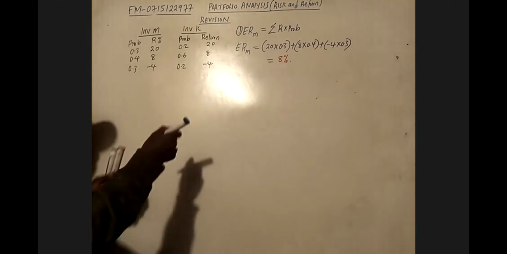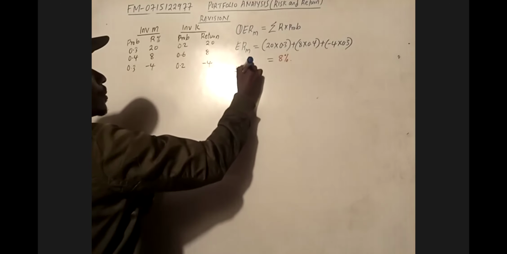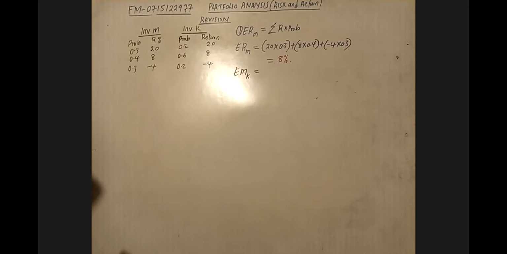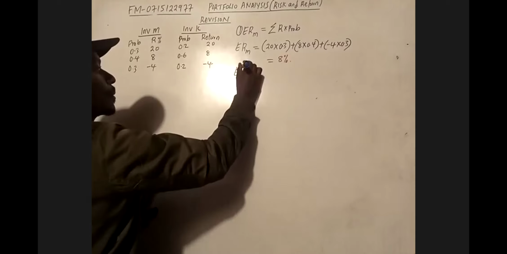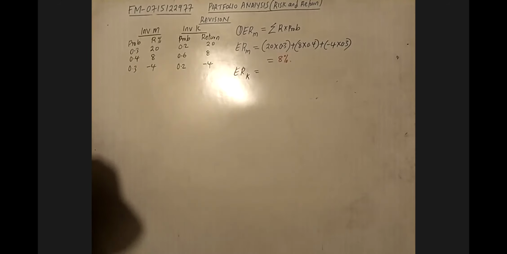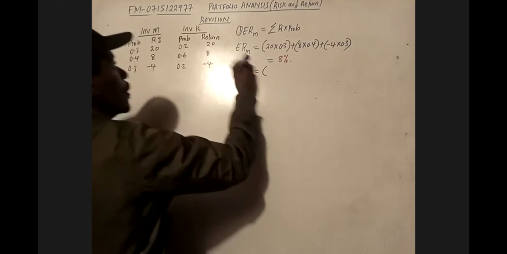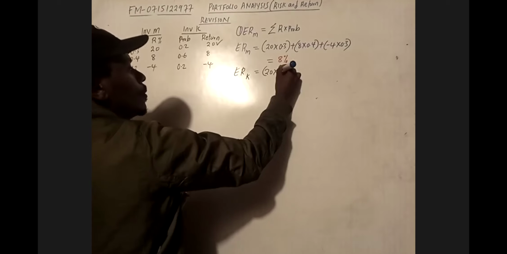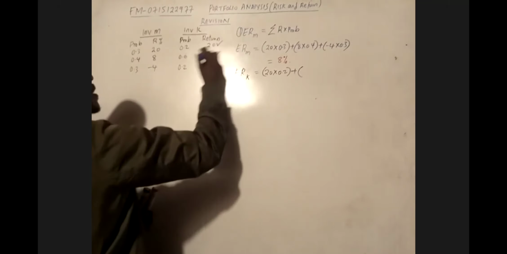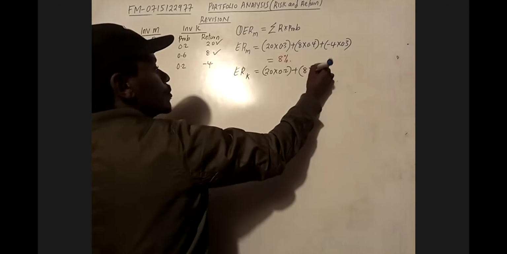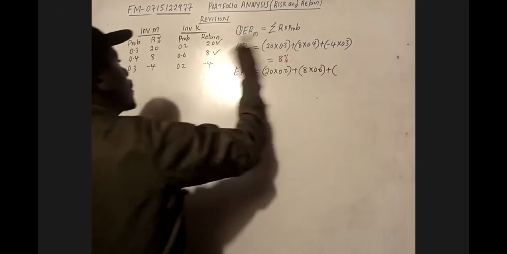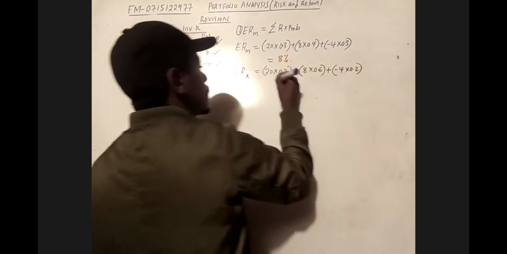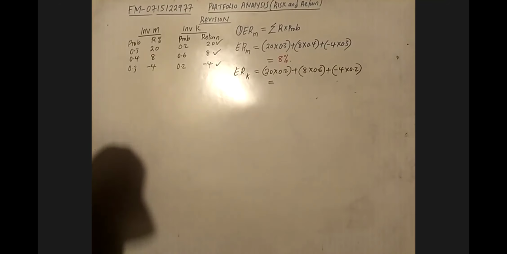We can go to the next one. Expected return of investment K. Then we use the same formula. So the return is 20% times 0.2, plus 8% times 0.6, plus minus 4 times 0.2.